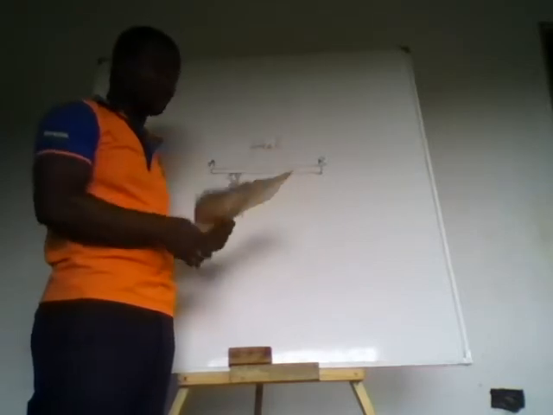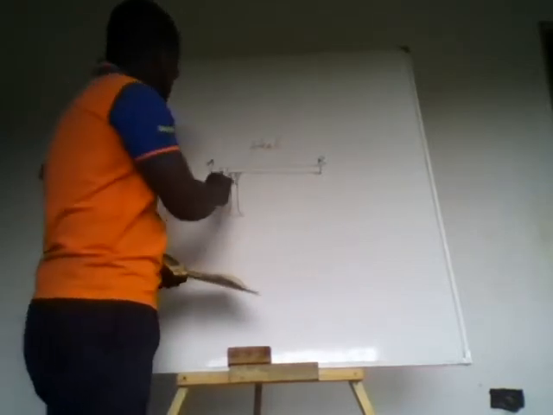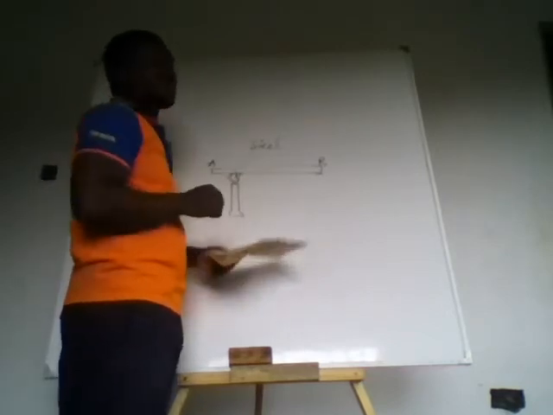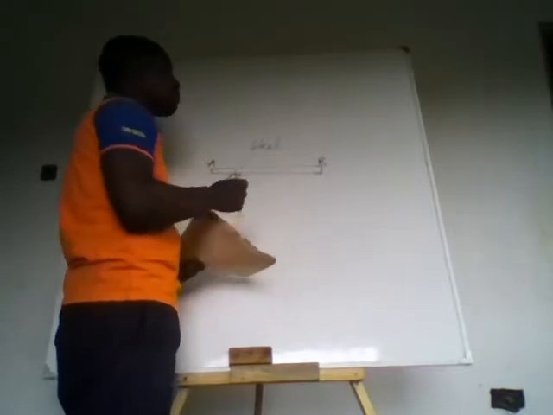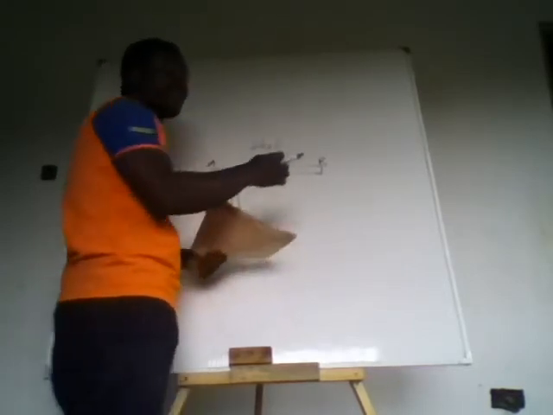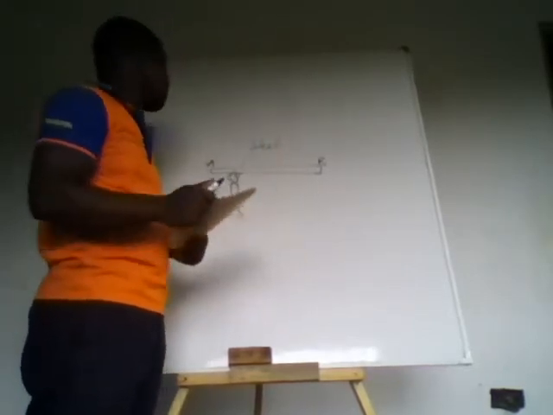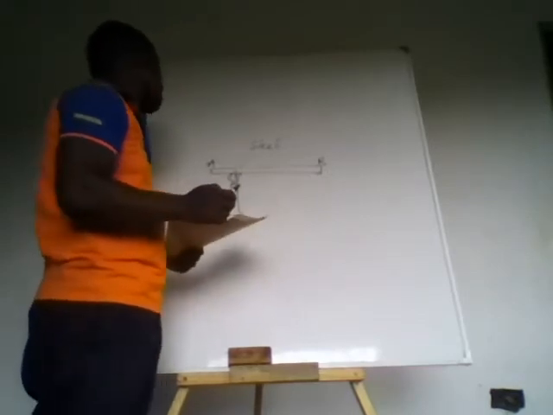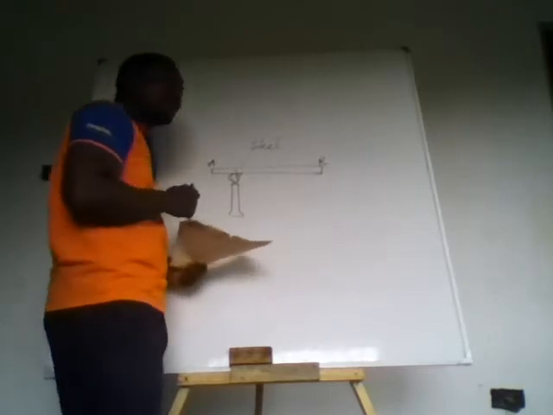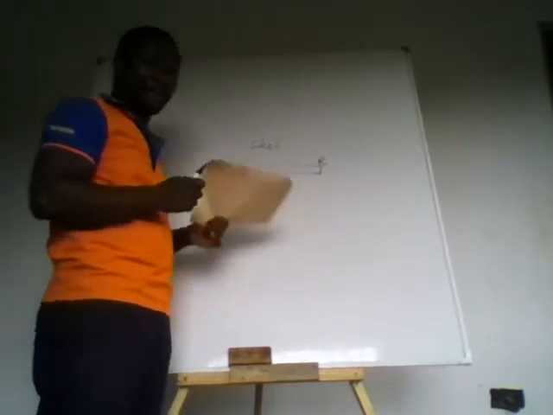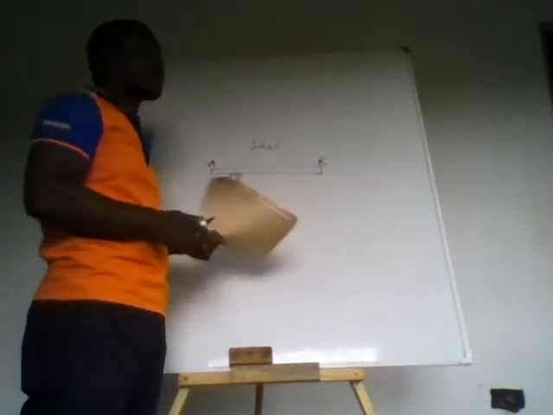So when we heat this very point, after let's say 5 to 10 minutes, we should expect the steel to be red hot, such that when we touch this point A, we are going to be burnt by the hotness.